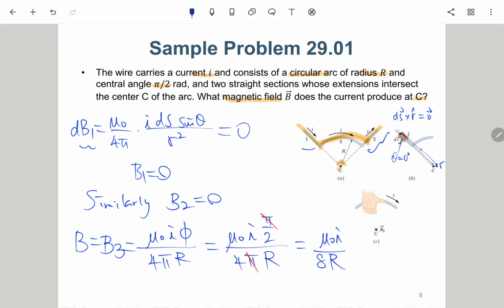This question doesn't give the values of I and R, so leaving it like this is okay.